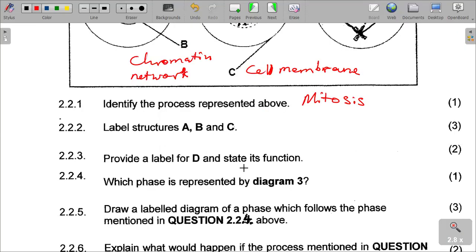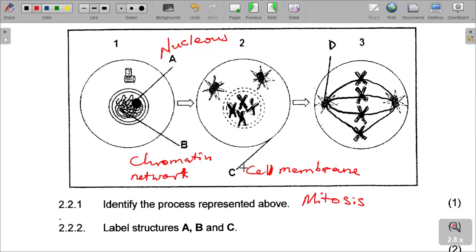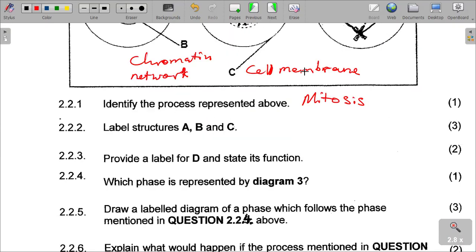Provide a label for D and state its function. D, this one, which is given there, is actually the centriole. D is the centriole.